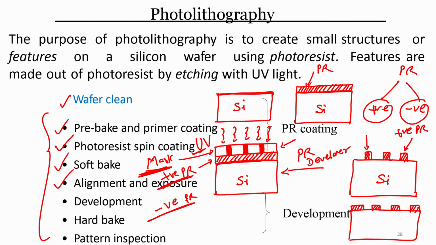If I use negative photoresist, I will get the opposite or reverse of whatever there is on the mask. If I use positive photoresist, I can have similar features to those on the mask.